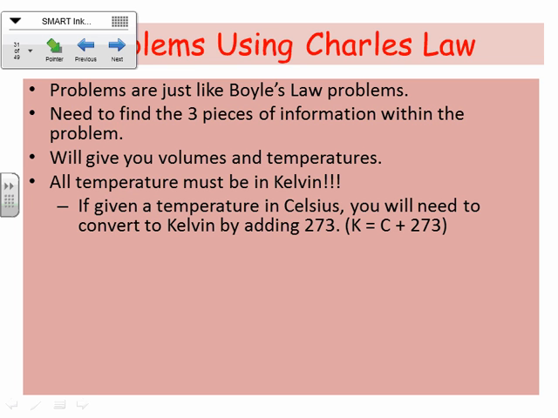Now, there's a couple reasons for that, but maybe one of the practical reasons: if you ever had a temperature of 0 degrees Celsius, which is possible, right? What happens at 0 degrees Celsius? Water freezes, so it can get to 0 degrees Celsius or colder. Well, if you've got an equation that's V1 over T1 equals V2 over T2, and you try to put a 0 on the bottom of that fraction, what does your calculator tell you?